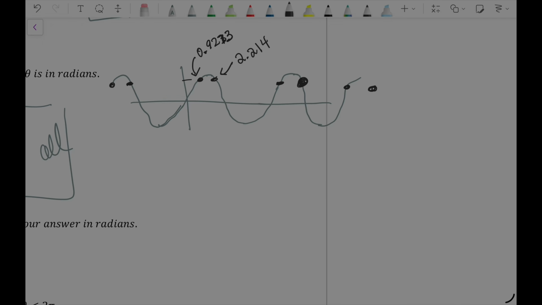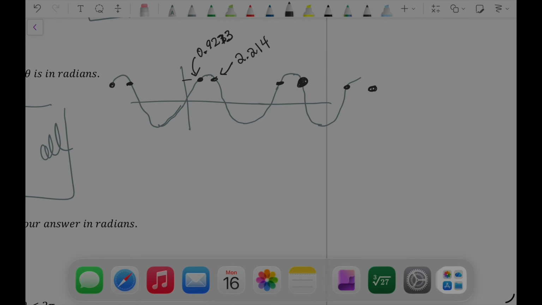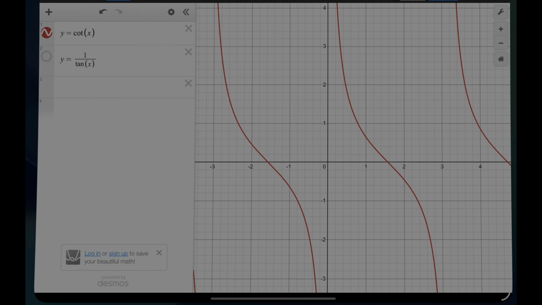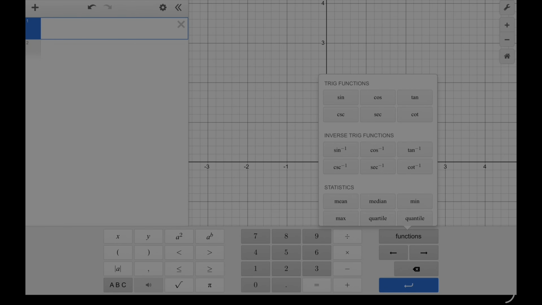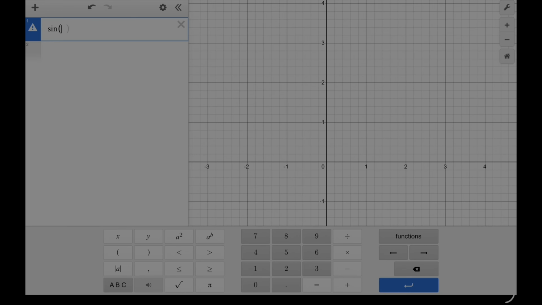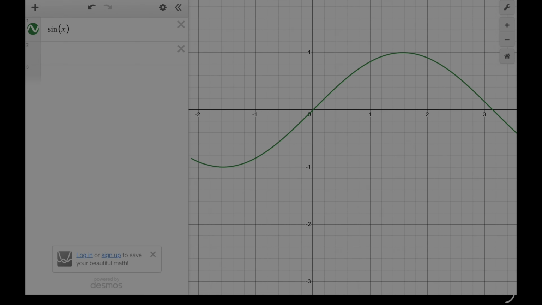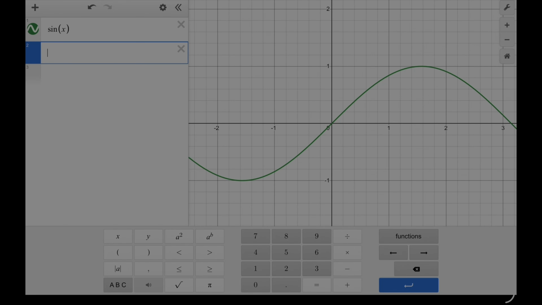But how do you find them if you're looking at a graph? There's a sine curve. Next one is going to be y equals 0.8. Okay?